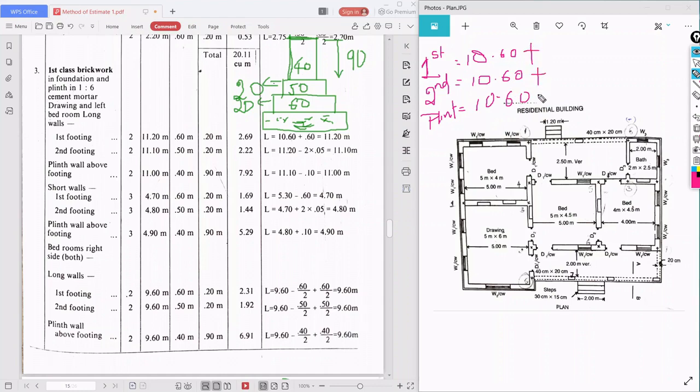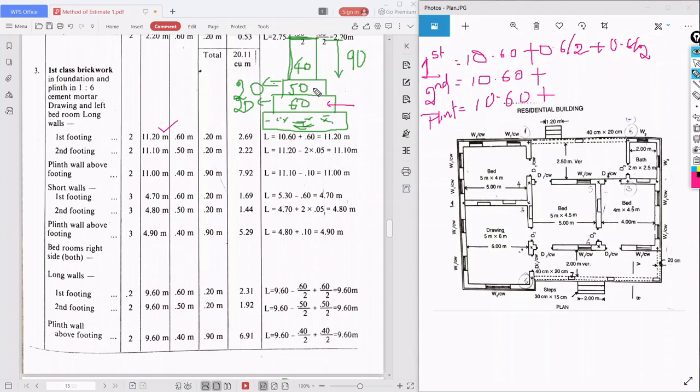What is the width of the section? For the first footing it is 60. So 0.6 by 2 plus 0.6 by 2, you will get 11.20 as the length.